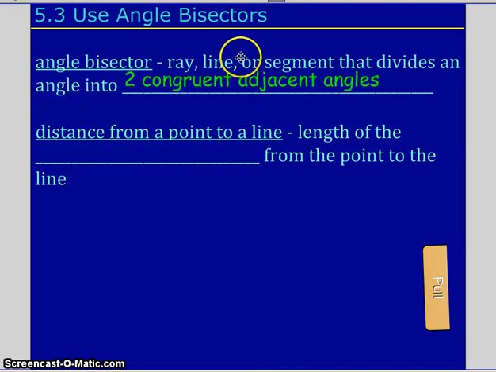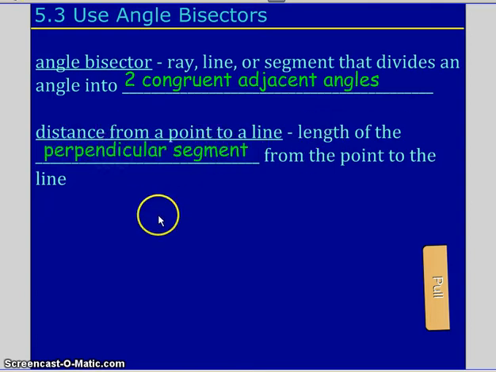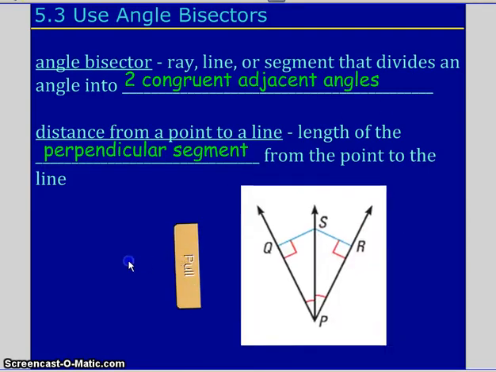Angle bisectors now: an angle bisector is a ray, line, or segment that divides an angle into two congruent adjacent angles. And the distance from a point to a line is the length of the perpendicular segment from the point to the line. Right here we have a drawing that goes along with this.